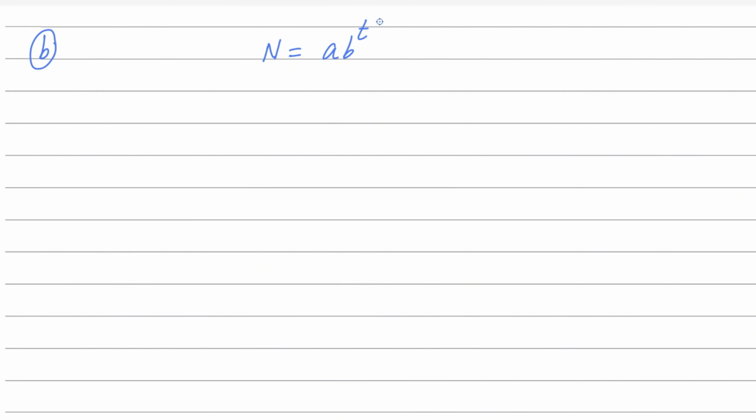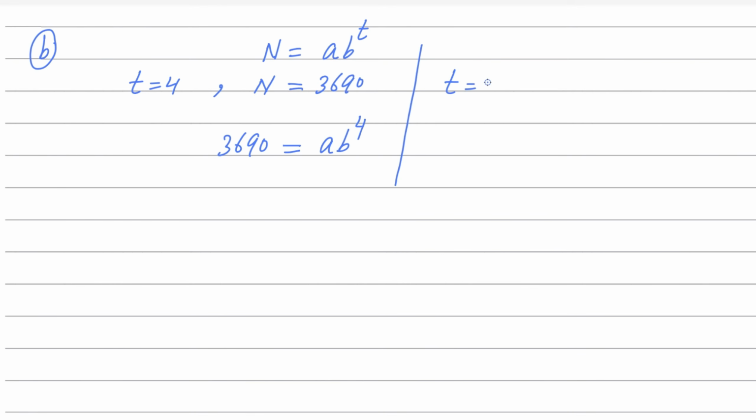When t equals 4, the number of voles are, it is given in the question, 3690. Now plug in these two values over there. 3690 equals AB to the power 4.